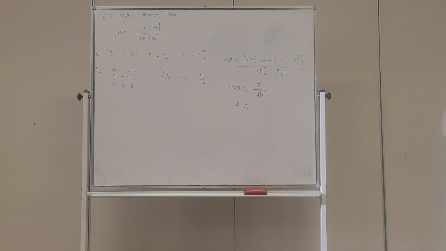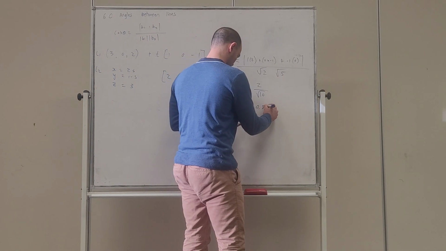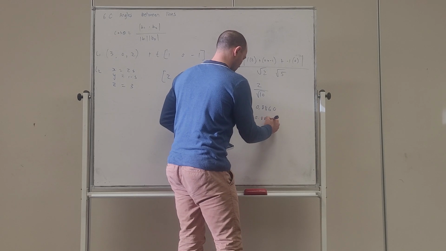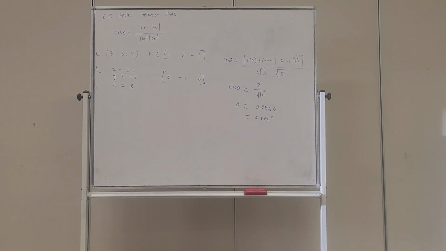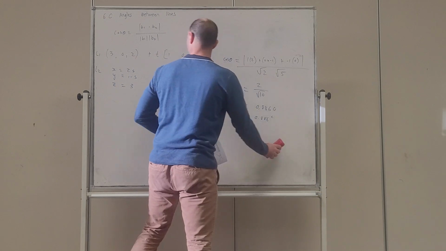I've got 0.886, so that's radians, and of course we use c for radians intuitively. So that's our answer to question 1.